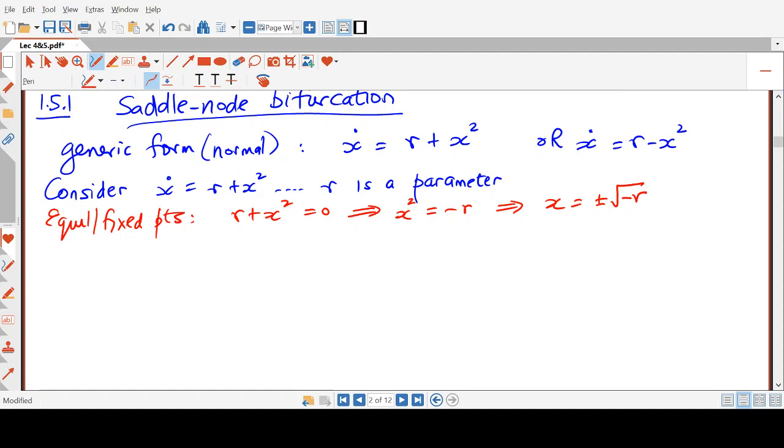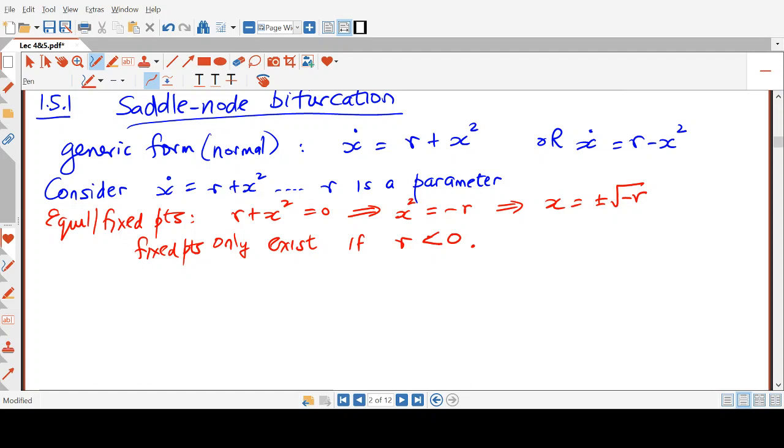And from that, you can say the fixed points only exist if r is negative in this example, because you can't find the square root of a negative number.